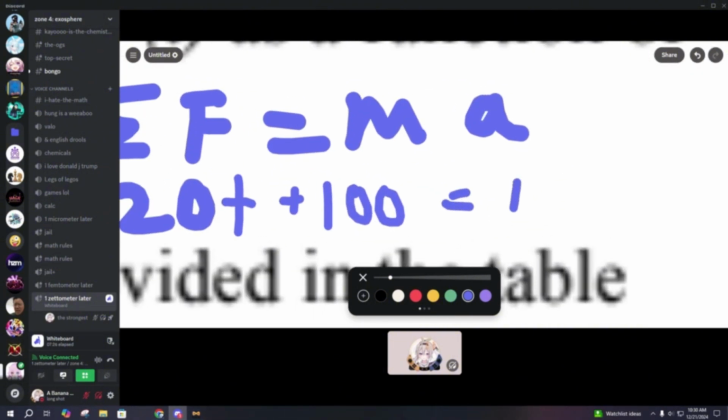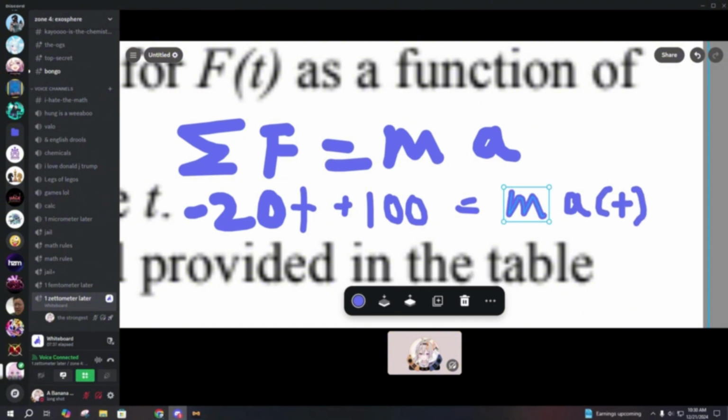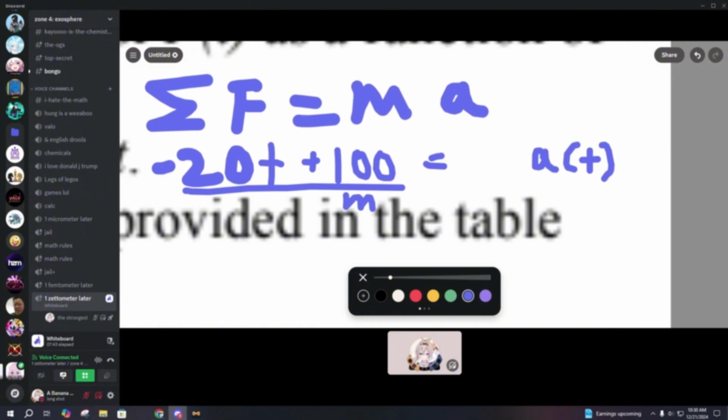Is equal to mass times acceleration. Well, since this is a function of time, once I divide by this constant mass, the acceleration naturally has to become a function of time. So I'm going to do that. Divide by mass, which cancels it out on this side. And we know the mass is equal to 5 kilograms.